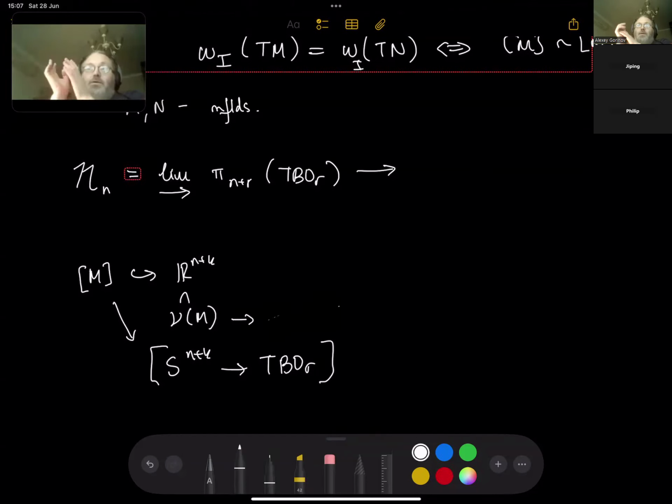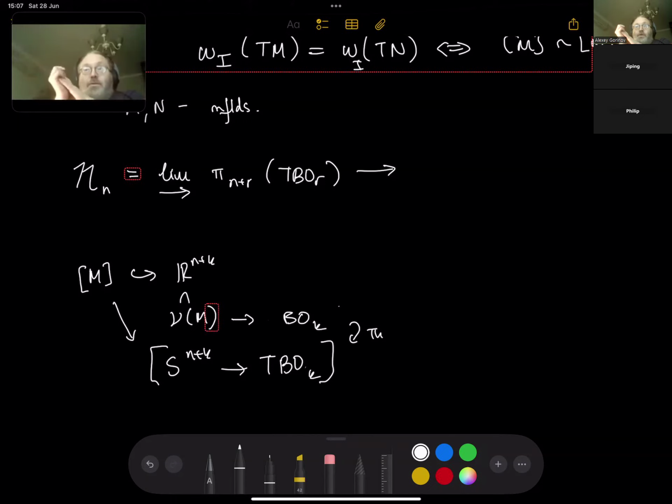So the manifold maps to BO_K, and then you take the Thom space. Then the Thom space maps to the Thom space of TBO_K, and we have the collapsing map from the sphere to the Thom space. So we compose: we go from the sphere to the Thom space, and then to the Thom space of TBO_K.